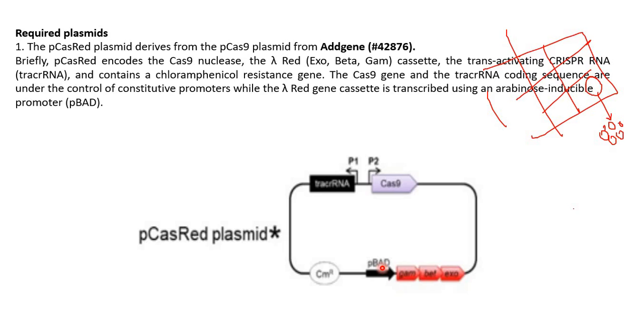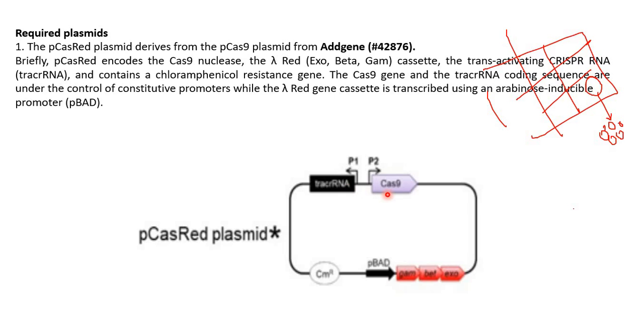The PBAD promoter is the arabinose inducible promoter, meaning once you add the arabinose, this promoter will activate and help in the transcription of these REC genes, the recombinase genes. Then this plasmid has the Cas9 gene under the control of the P2 promoter. These are constitutive promoters, and the tracrRNA is under the control of the P1 promoter. I told in the last lecture that you need the tracrRNA as well, that is complementary to the palindromic repeats, and the Cas9 is present.